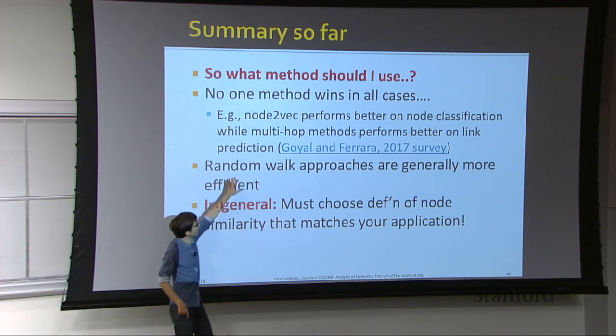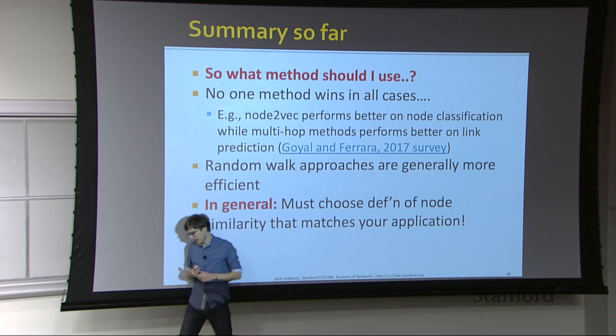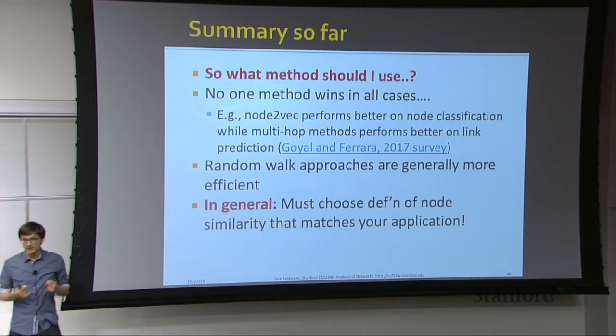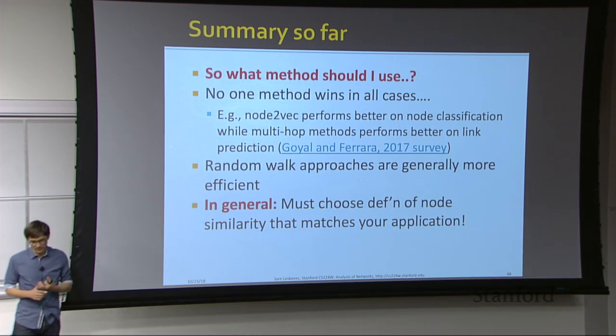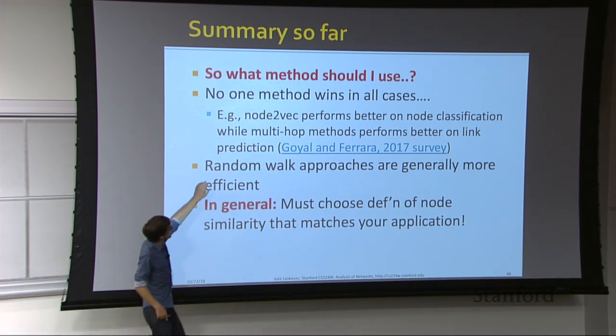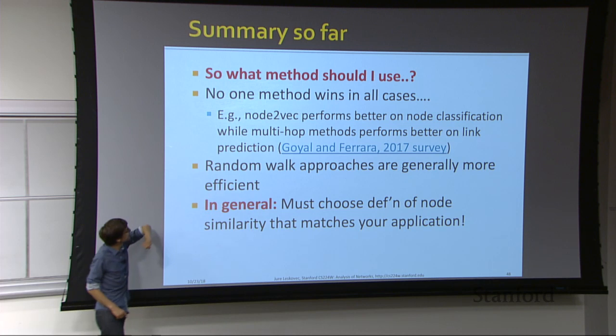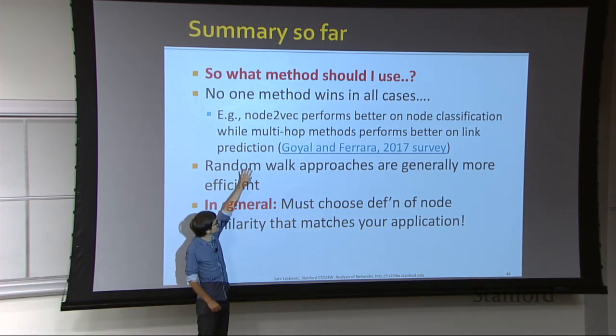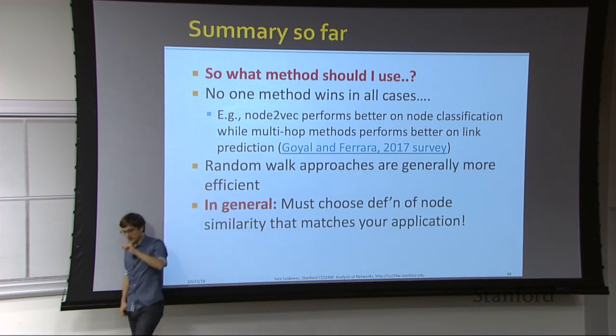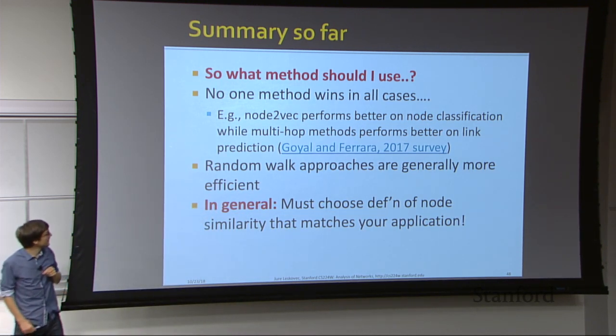There has been a lot of work done trying to compare different methods, and the conclusion is that no method wins in all the cases. For example, node2vec tends to perform really well on node classification, but less well on link prediction tasks.